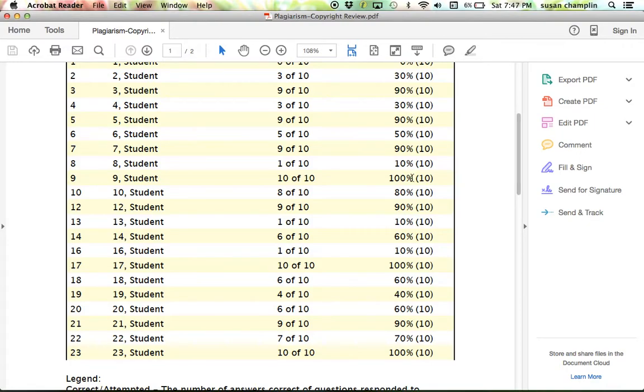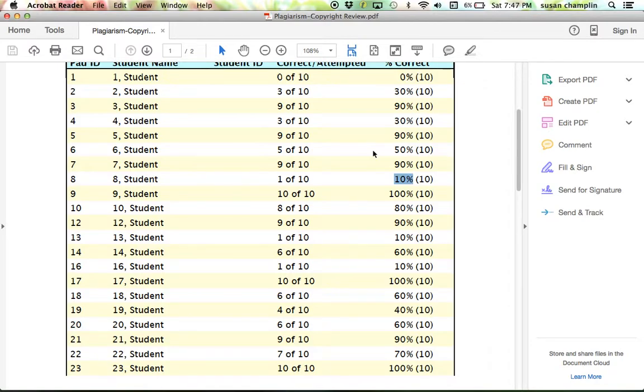I had students receiving a 100%. I had students receiving 10%. As I went through and looked at it, I found that about half the class got an 80 or above, and I had quite a few students who got a 50 or below.